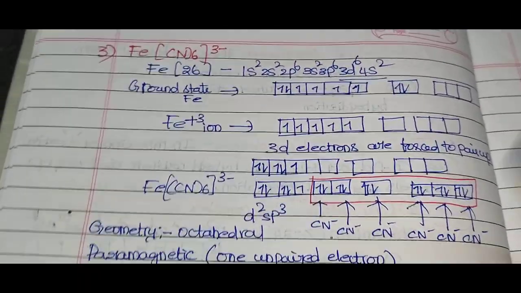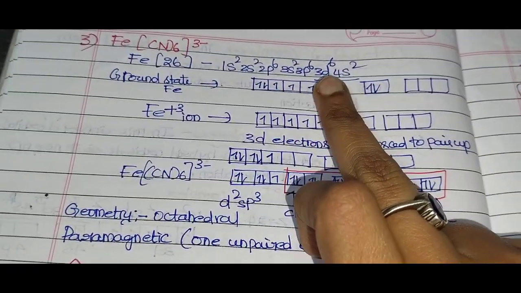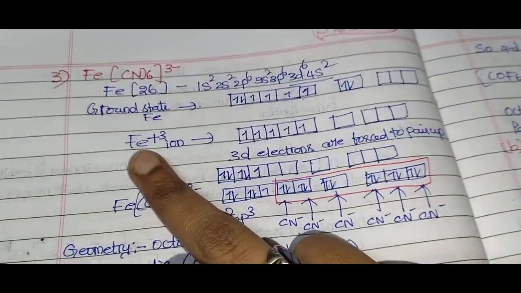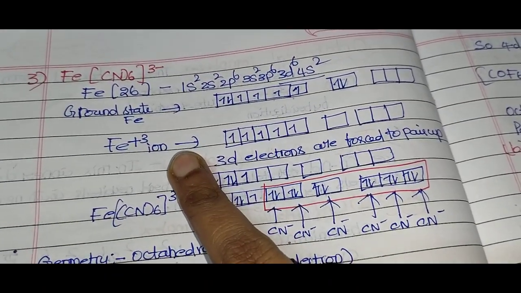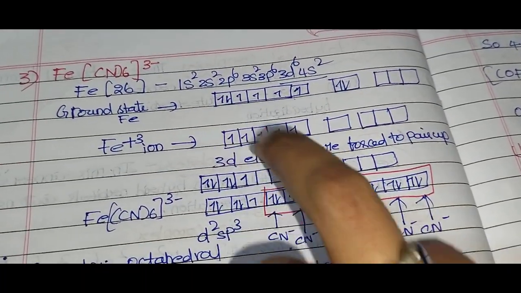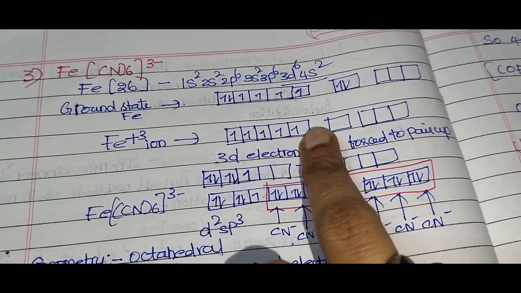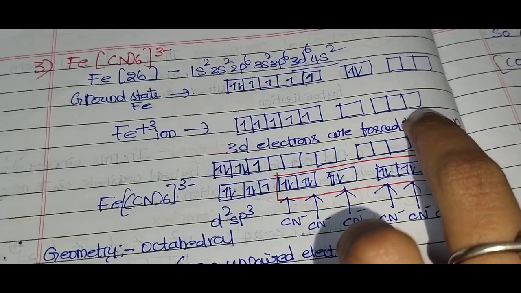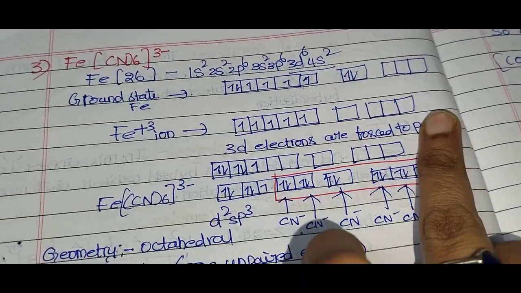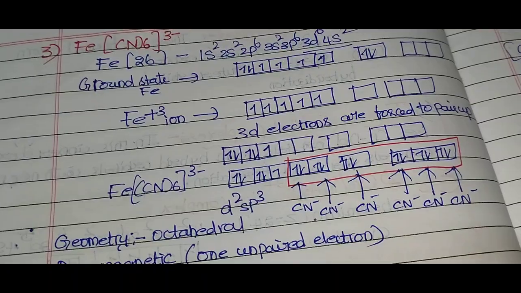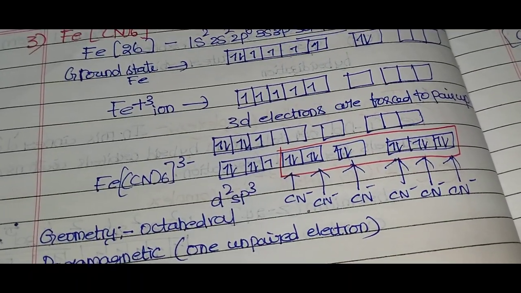So the ground state will be 3d6 4s2 as I wrote before also. Then for the +3 ion, 3 should be removed. So 1, 2 and one from the pairing is removed, so all are unpaired electrons, and we have only 1, 2, 3, 4 vacant places. But how many CN ligands should attack there? 6. So 2 more places we want.